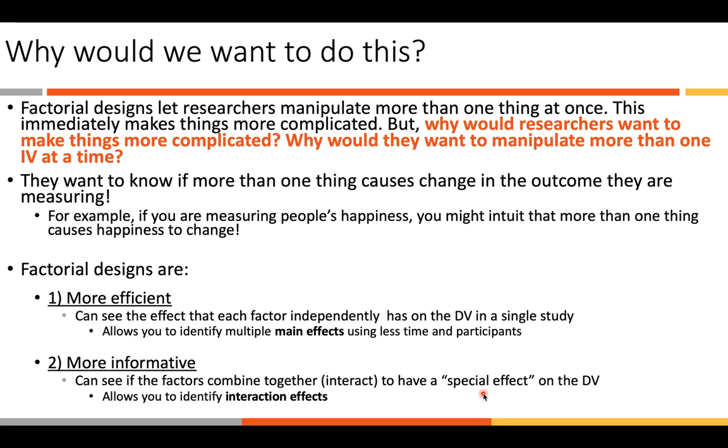If we were to run multiple experiments with a single independent variable in each experiment, then we would only be able to look at a main effect of each variable in isolation. In order to look at the interaction, which we're going to talk more about what that means, we must have a factorial design. We must include at least two independent variables.